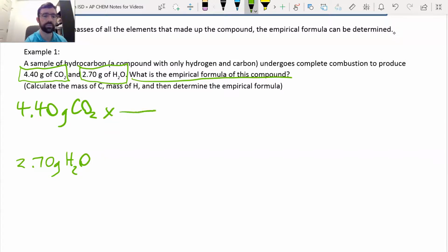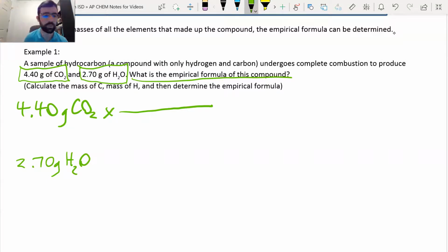First thing we have to do is find how many moles of CO2 we have. So we've got to use the molar mass of CO2. I believe it's 44 point something. It's 12.01 plus 16 times 2, which would be 32.